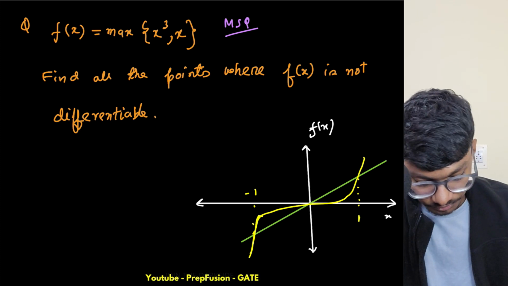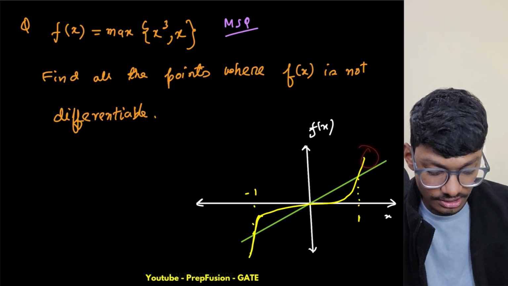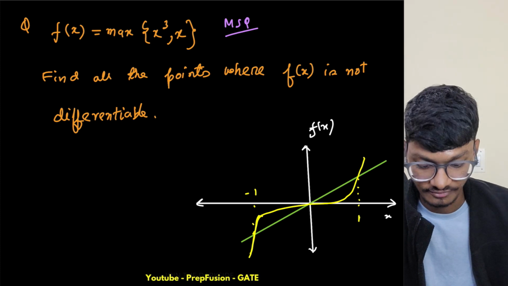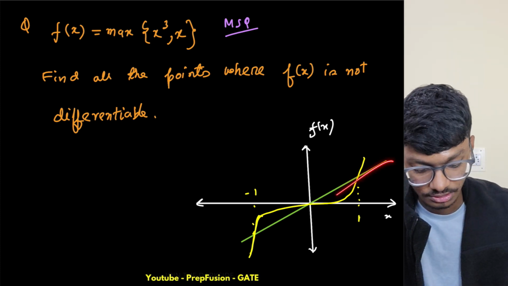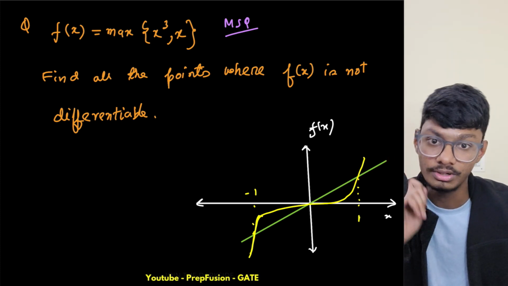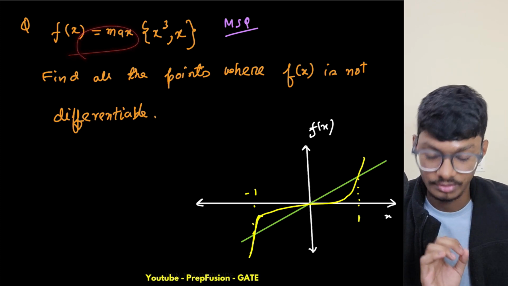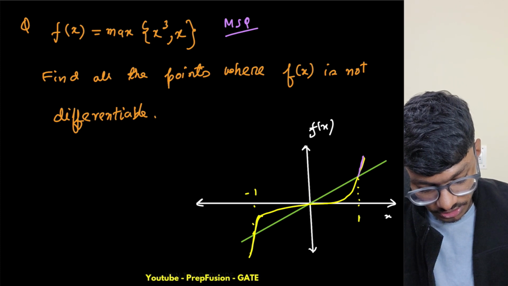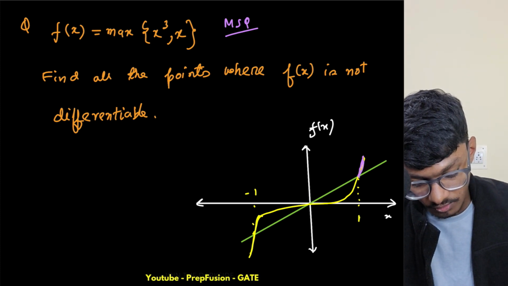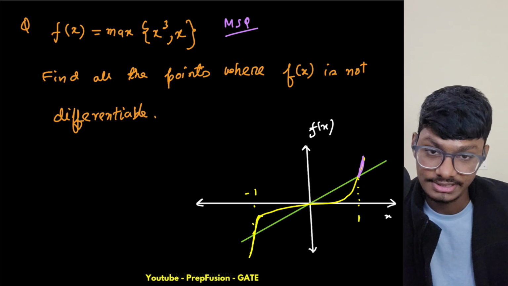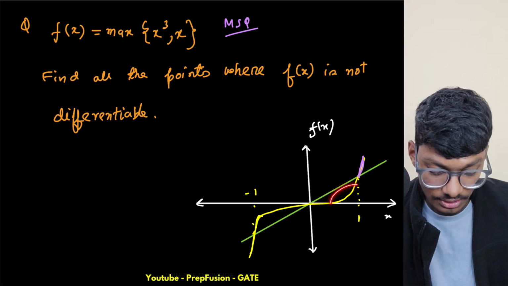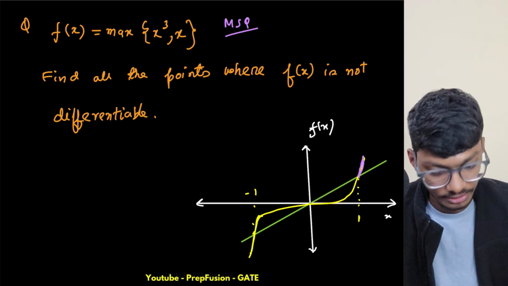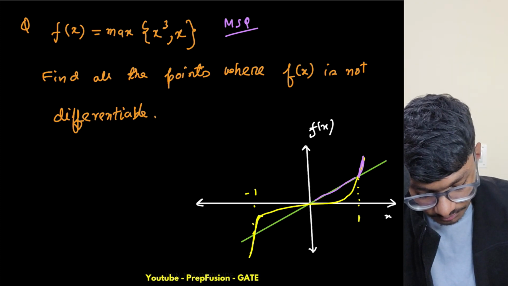In this region, this yellow graph is above this green graph, so I will take this part. This will be included in my function f of x. So this is positive. Now what is happening next? This part is above this other graph, as I told, right? So I will take this.